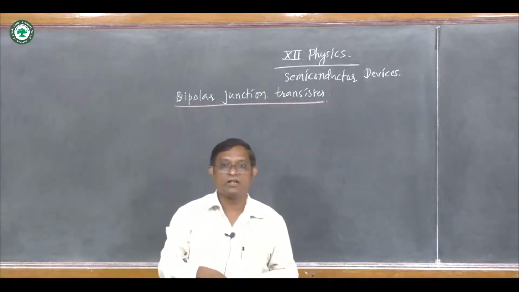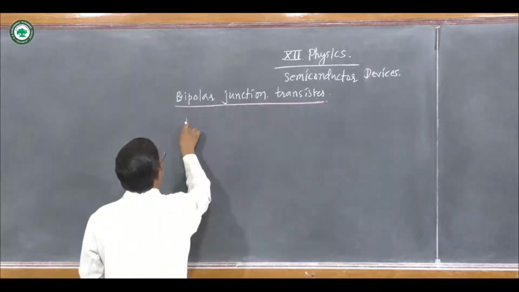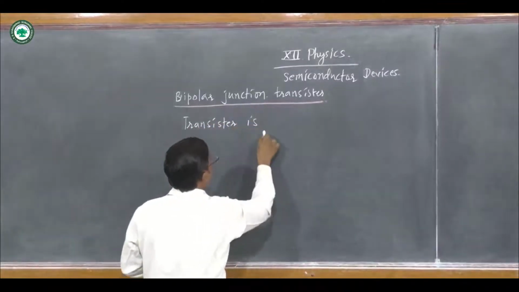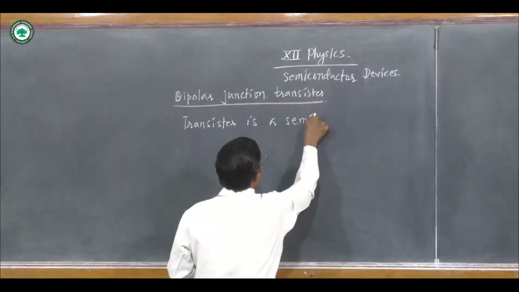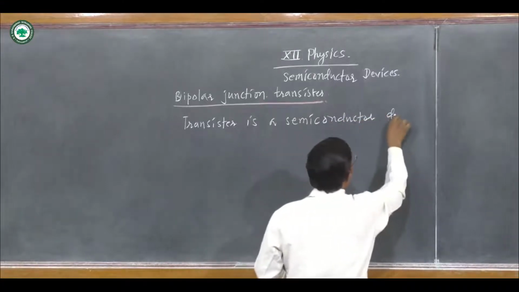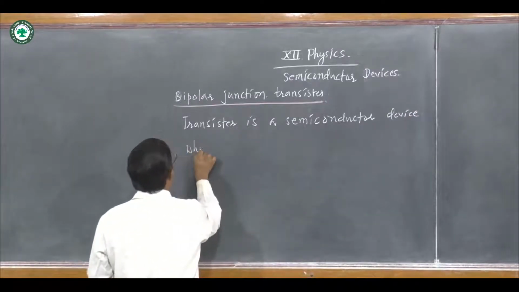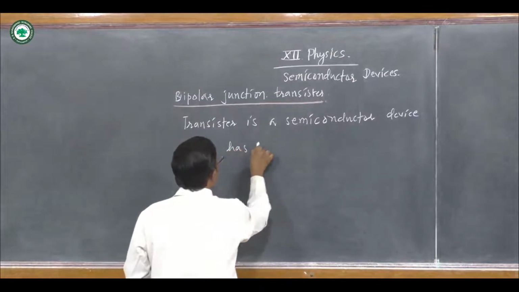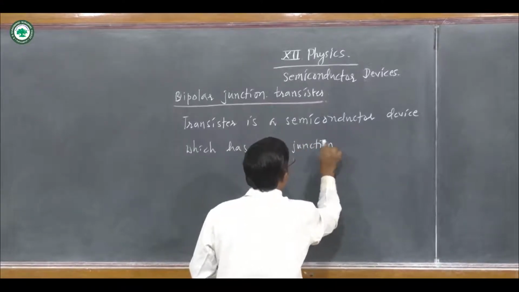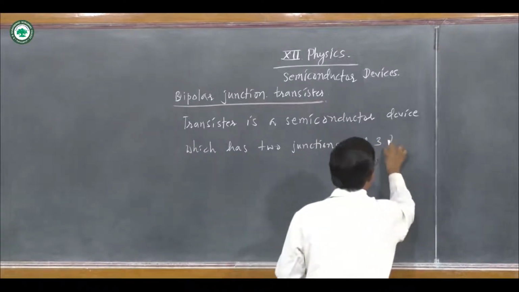A transistor is a semiconductor device which has two junctions and three terminals.